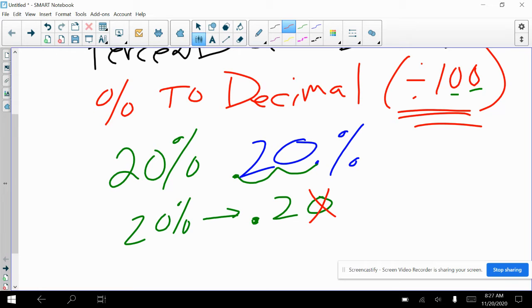And whatever you do, please don't read it 20 hundreds. Somebody will laugh at you later on in life. I don't want that to happen to you. We don't read it that way. We go to the last place value with the whole number. We talked about this earlier in the year, and that's how you read that number.